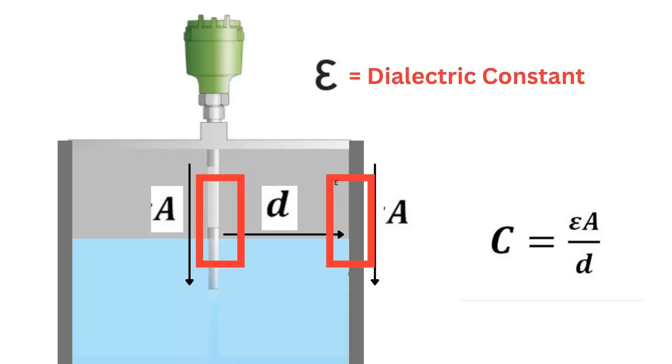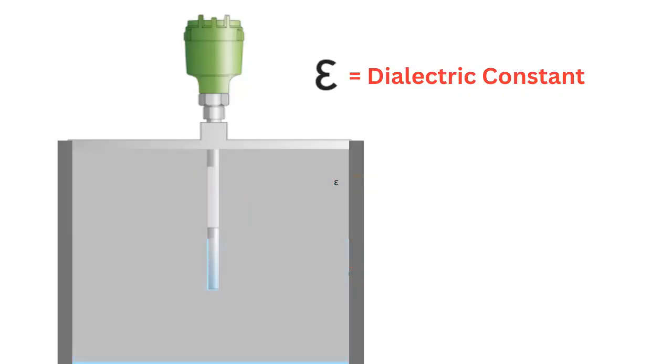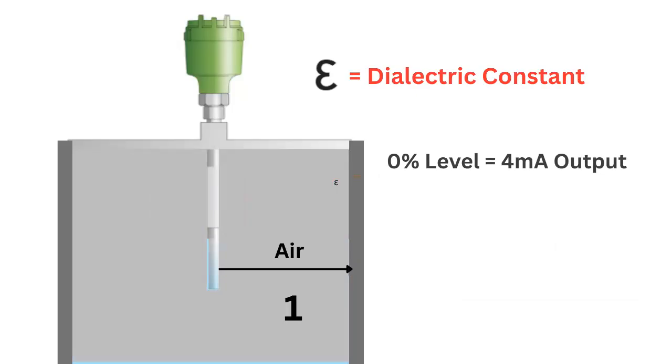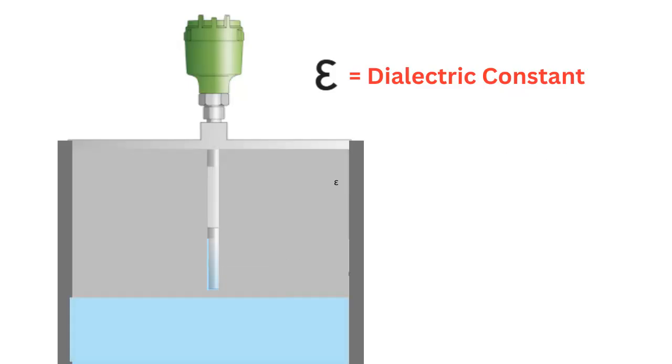Here's the brilliant part. When the tank is empty, the space between the probe and the wall is filled with air, which has a dielectric constant of approximately 1. This gives you your minimum capacitance reading, or your 4 milliamp signal. As the product fills the tank, the space between the plates is now occupied by the product.